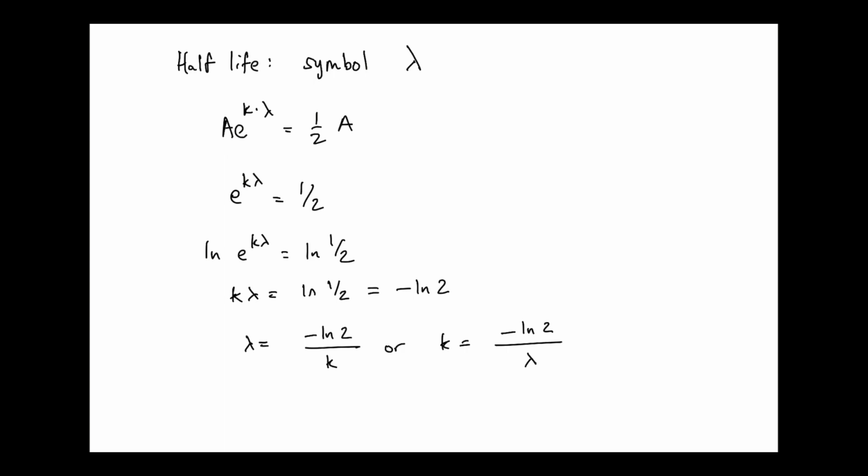If I plot this over a year, and since the half-life is in years, that means we need to use years as our time scale. So if I start with 1 unit of carbon-14, how much of it remains after 1 year? Almost all of it, right? 99.99% of it is still left, because it is decaying, but just not very quickly.